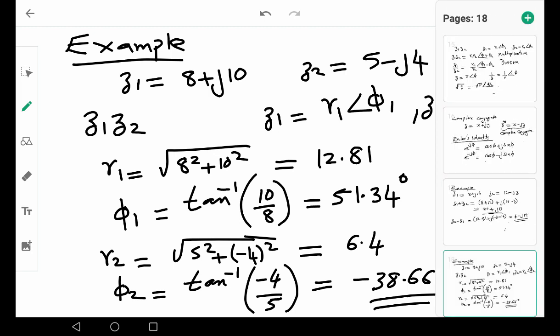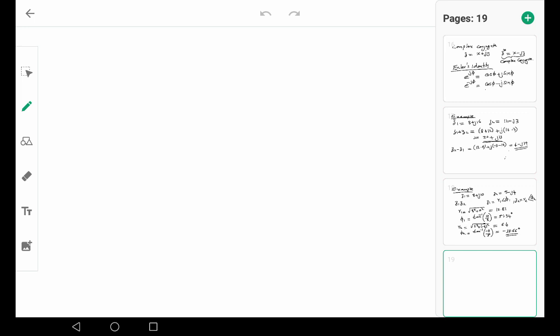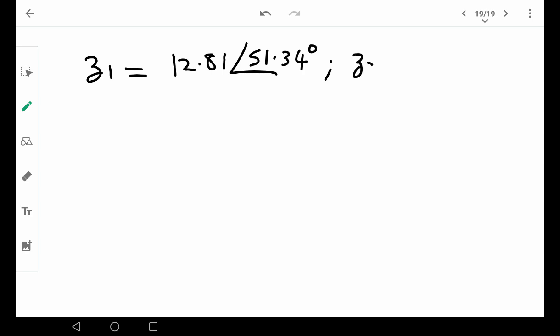Now you have z1 equal to 12.81 angle 51.34 degrees, and you have z2 equal to 6.4 angle minus 38.66 degrees, right?